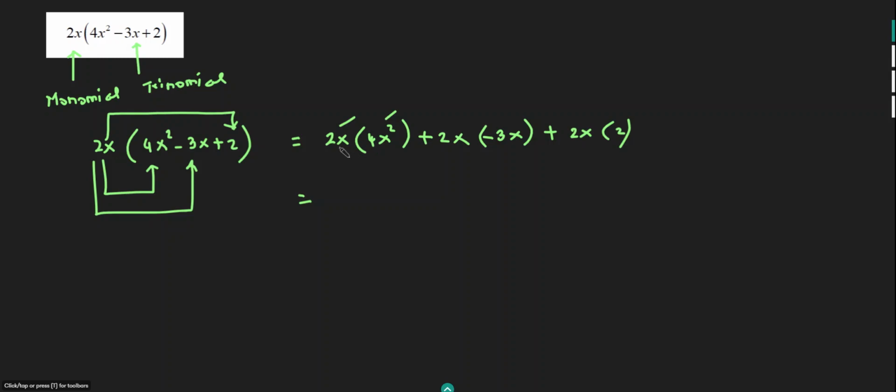Remember, the numbers multiply: 2 times 4 is 8. And then x multiplied with x squared, according to the power rule, is x cubed. And then the next one is 2x multiplied with negative 3x, so it is negative 6x squared. And finally, 2x times 2 is 4x. And so this is the result of the product.